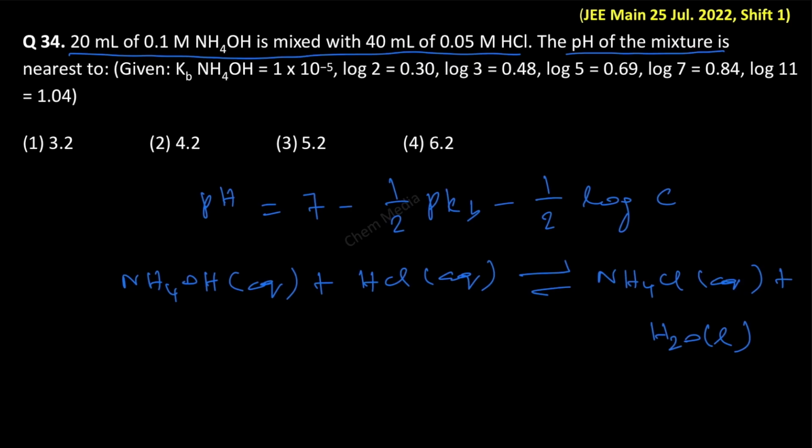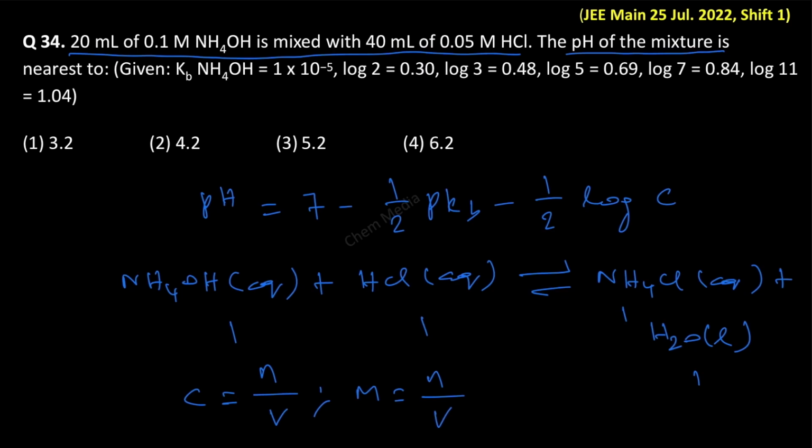But will the concentration be equal? No, they won't be, because the volumes are going to be different. So in terms of stoichiometric mole ratio, everything is 1. And we know that concentration, or molarity, is equal to number of moles divided by volume.